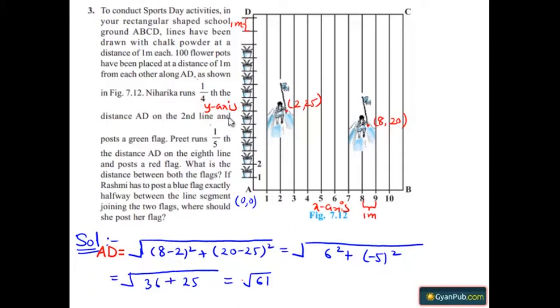Hence, the distance between the two flags, that is the red flag and the green flag, is root 61 meters.